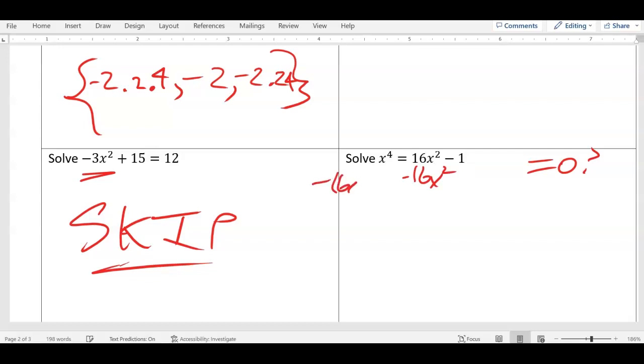Minus 16x squared. How do I get rid of minus 1? I know you see me. How do you get rid of minus 1? Add? Okay, yeah. Plus 1. Very good, very good. Scratch these out. So now you have x to the 4th minus 16x squared plus 1.